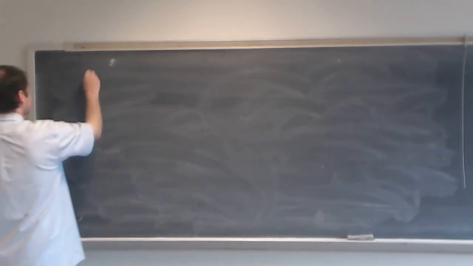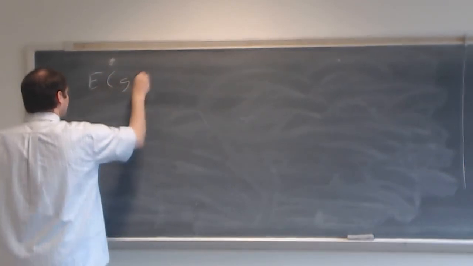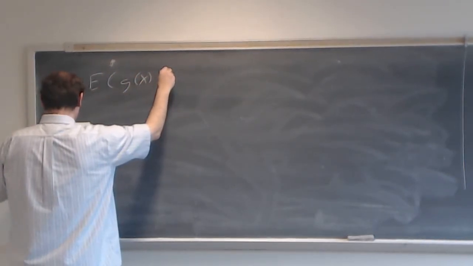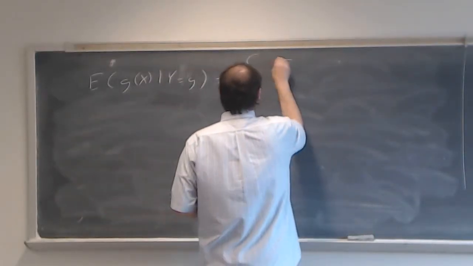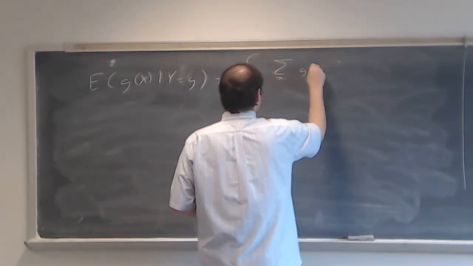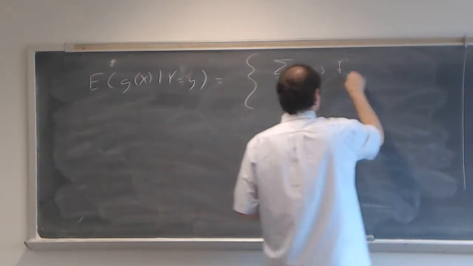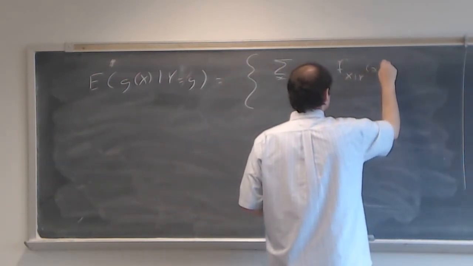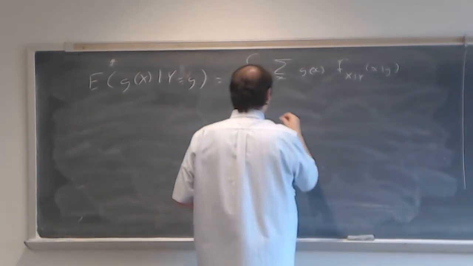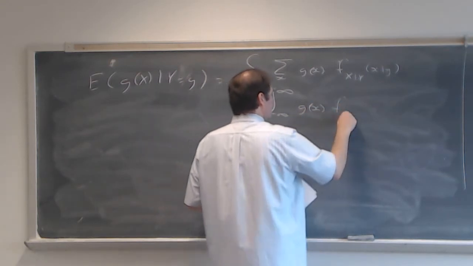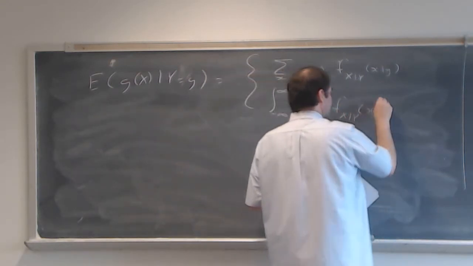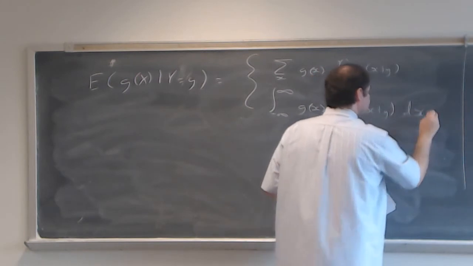So it's defined by the expected value of g of X given Y, so this conditional expectation of g of X given Y equal to y. Okay, so it's the sum over all x values of g of x times f of x given y. Or it's the integral from minus infinity to infinity of g of x times f sub X given Y dx.